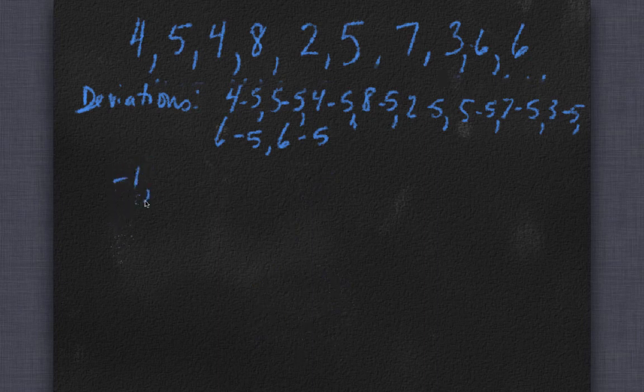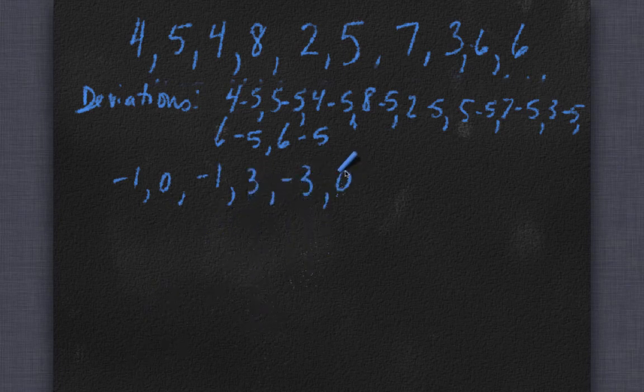So I get negative 1, 0, negative 1, 3, negative 3, 0, 2, negative 2, 1, 1. And if I just added these up directly, I would get 0 because the numbers balance with the mean. But once I have the deviations, then I go SMR, right?